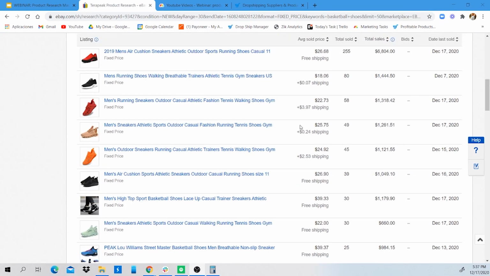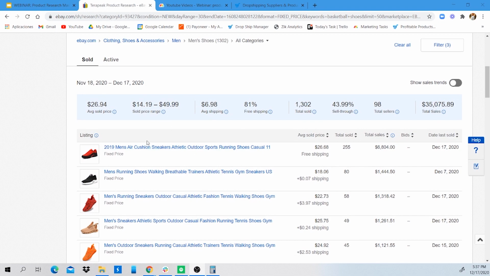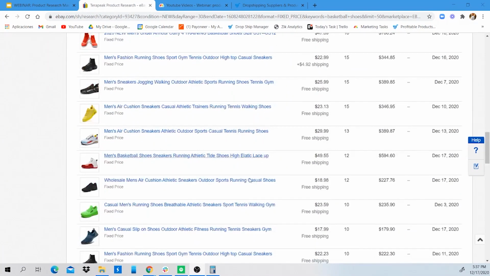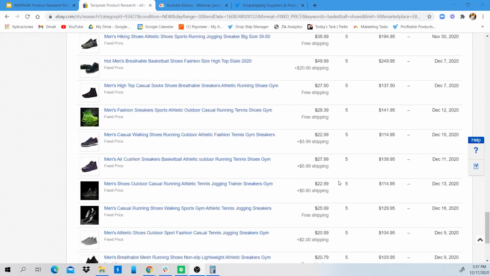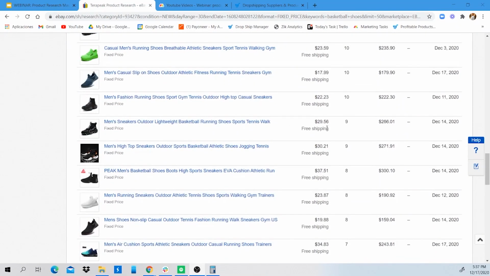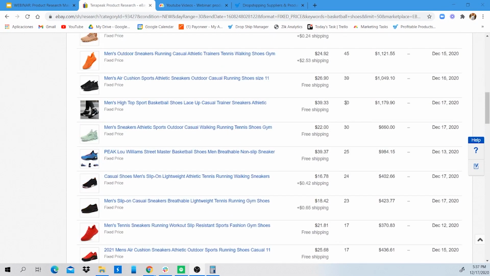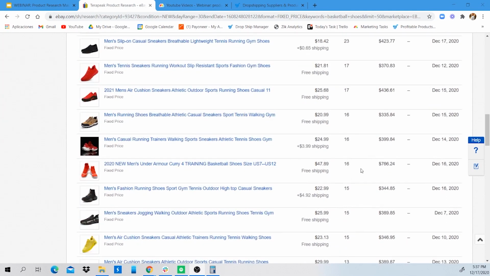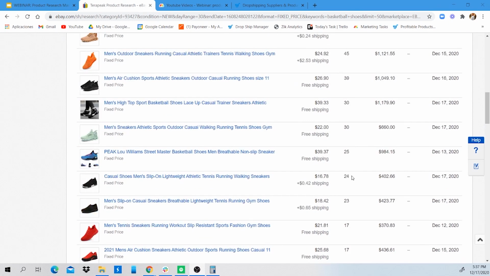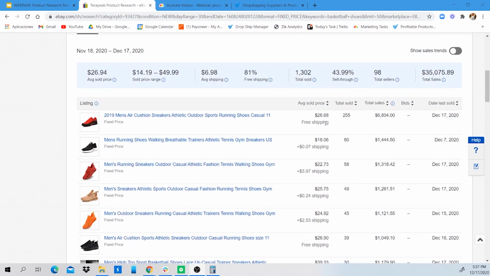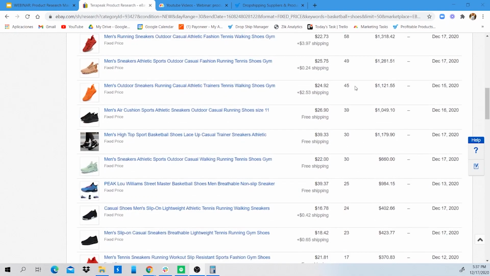So in order for you to look for the product on AliExpress for a cheaper price, you can always go to the second page or third page, but in this case, we don't need to do that because we can find products here that have less than 30 sales overall, so we can stick to the first page. But in some cases, you'll find products that have more than 100 sales within the first page.